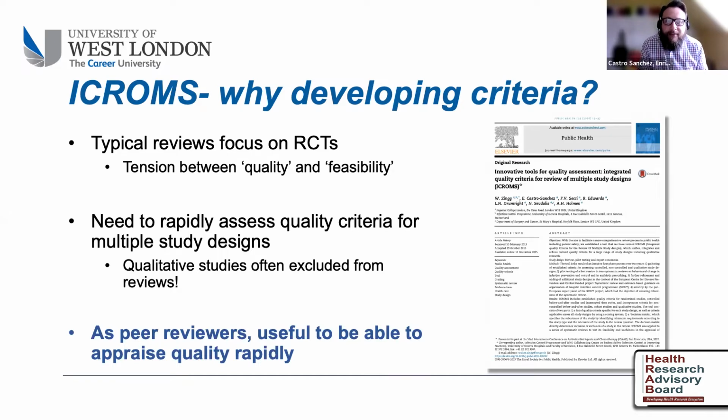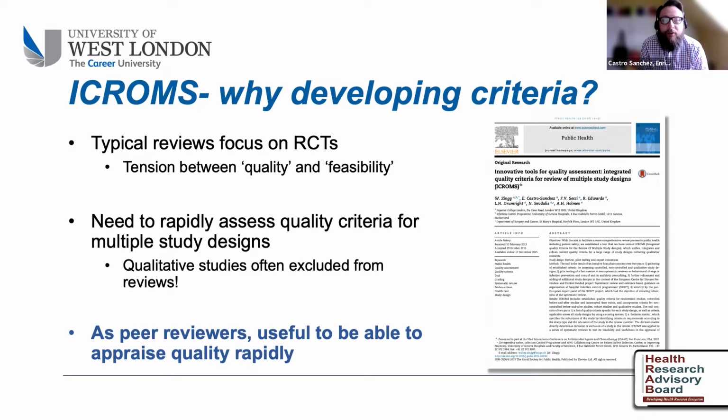And as a peer reviewer, you may be quite expert in the technical aspect of a paper. You may also be quite expert in the content of the paper. You may be quite familiar with the literature, so you know if it's new or not, the novelty aspect. But sometimes you're not that expert in either of those disciplines. So you may be quite expert in method, but not the content, or the other way around.